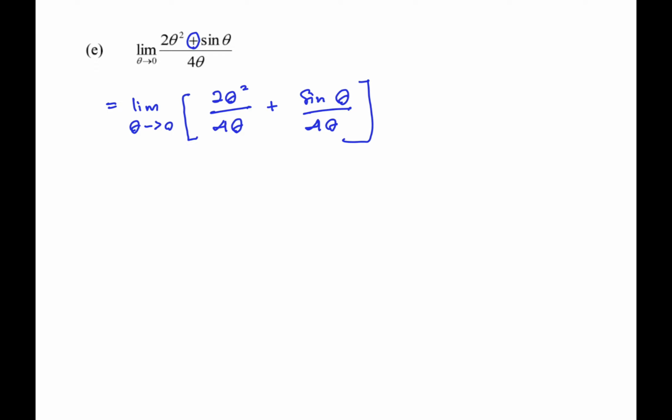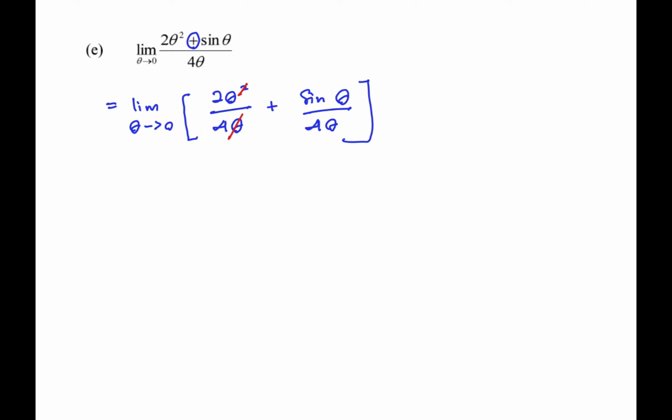This one involves a plus here, so we can split. Split this one, it becomes limit theta approaches 0 of 2 theta square over 4 theta plus sine theta over 4 theta. So you can simplify this one, it becomes 2 theta only.